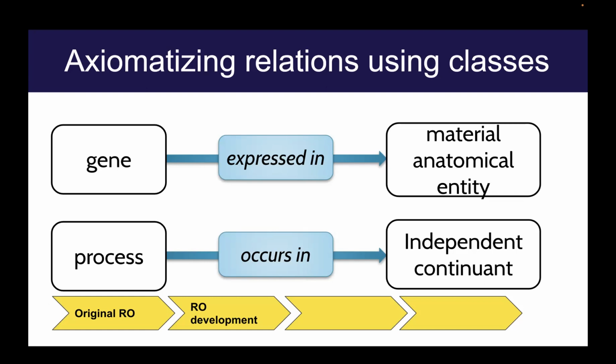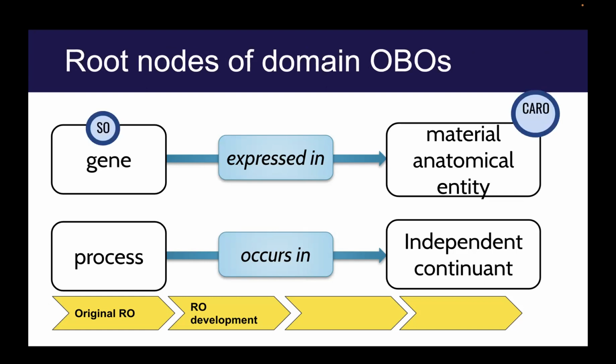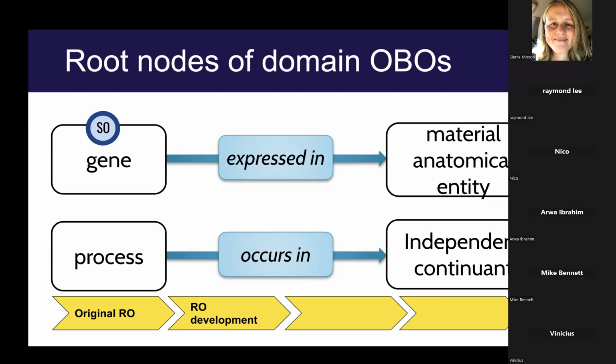I'll get to what an independent continuant is in a moment. Essentially, what we were able to do to express these domain and range constraints for the domain-specific object properties is use root nodes from existing OBO ontologies. So the SO, the Sequence Ontology, has a term for gene, and CARO, an anatomy ontology, has the concept of material anatomical entity.